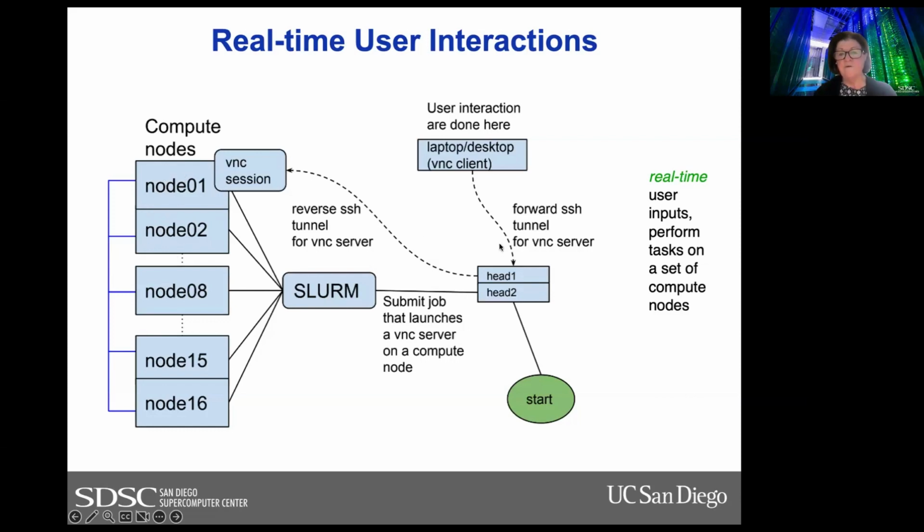And when you get that node, all the people over on the login node are not able to access that node. You own it, in the sense that you can log in directly to that node, or your application will get launched on that node. So you've got all the power of that node dedicated to you. And this is an architecture that's using reverse SSH so that you can directly connect. We have all of that deployed on Expanse. You don't need to worry about it.